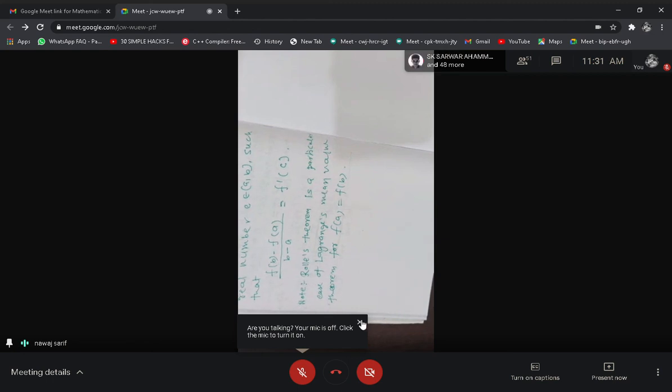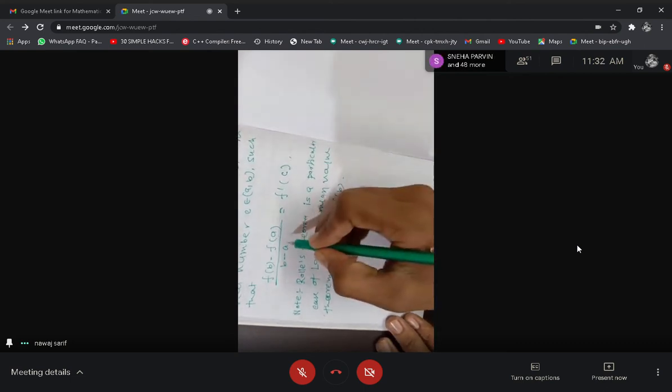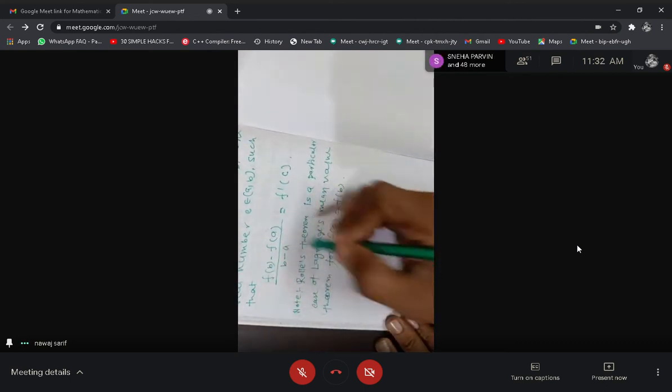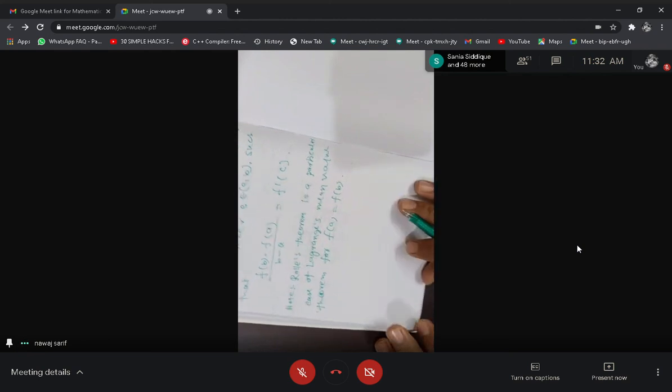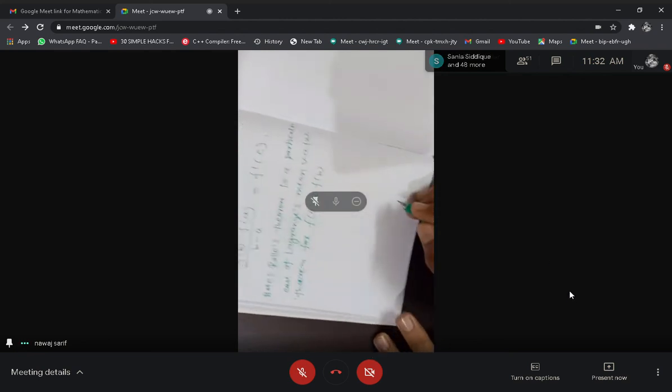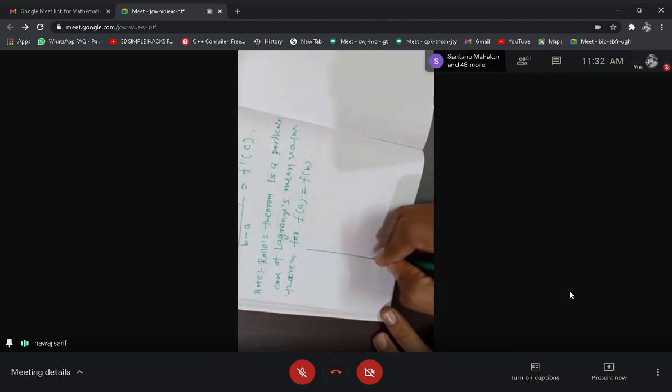So now what is the geometrical meaning of Lagrange's mean value theorem? So what is this equation? f of B minus f of A by B minus A. So look at the graph. Just draw a graph.